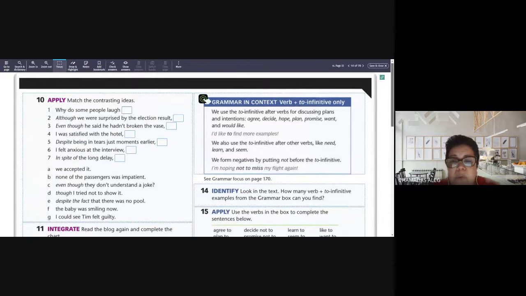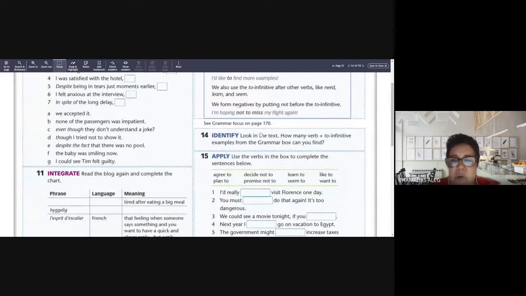For more information on this, you can always refer to page 170, okay? So here we have a reference. It says, look in the text. How many verb plus to infinitive examples from the grammar box can you find?